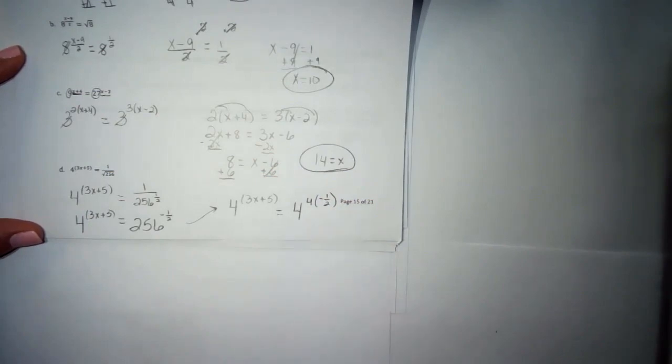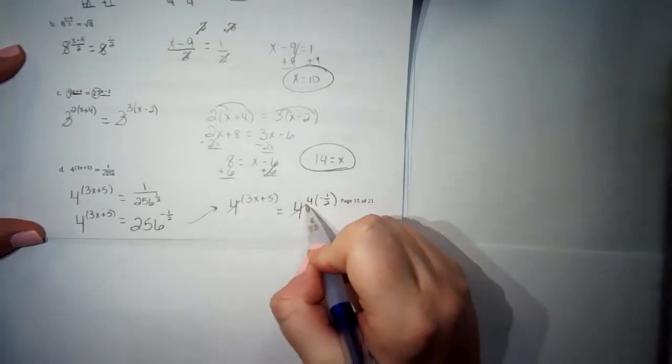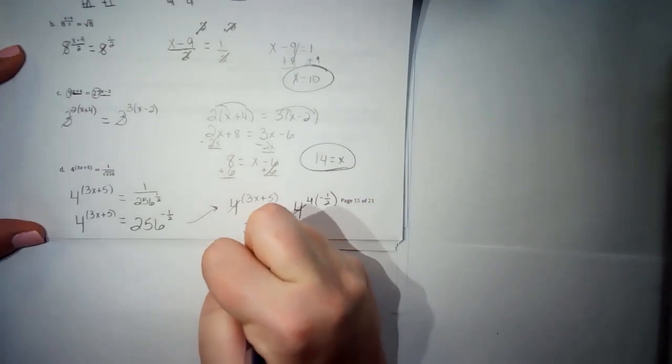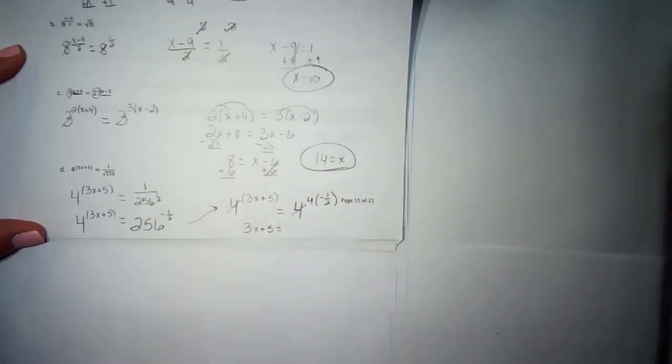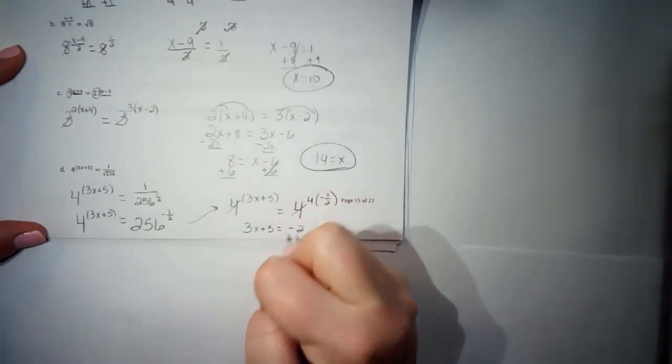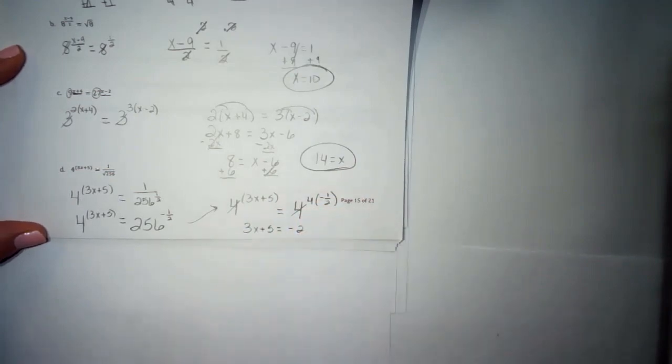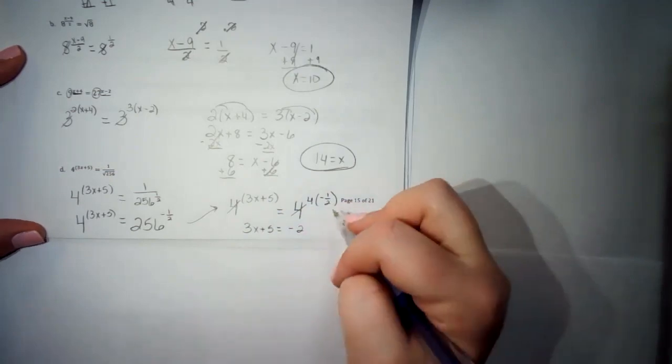Okay. That's pretty rough stuff there. You wouldn't have that on a test. Your test question would look more like A, letter A. But now we're going to cancel our base. We get 3x plus 5. What's 4 times negative 1/2? Negative 2. Okay. You're going to subtract your 5, divide by 3.